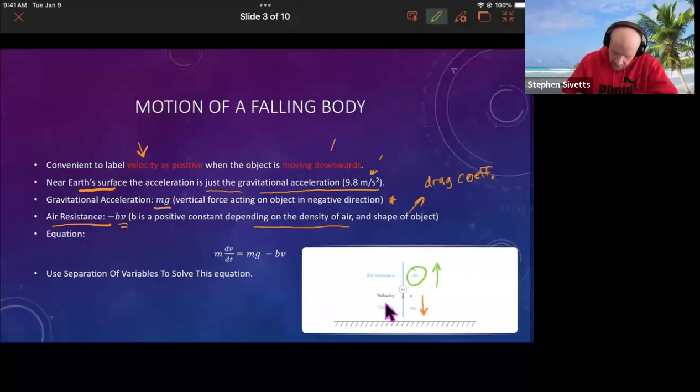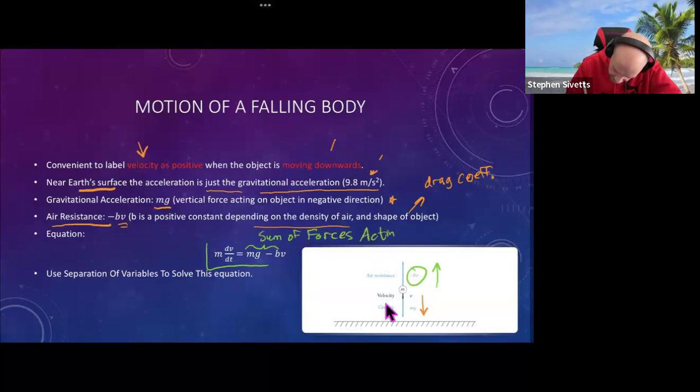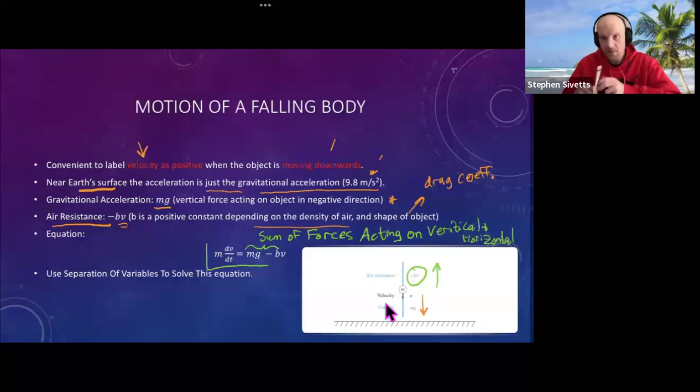So this is Newton's second law of motion right here. The right-hand side is just the sum of all the forces acting on the object, vertical and horizontal. There are no horizontal forces, since the object is just moving vertically.